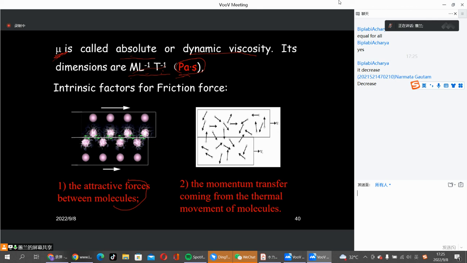So the distance between the molecules increases, and so the attractive forces between molecules decrease, right? Closer, larger the molecular forces. The temperature increases, so the molecules will be further away. The molecular force decreases, so the viscosity decreases. This is for water, right?